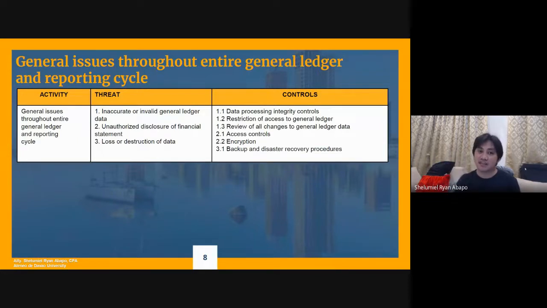They can only generate reports for their own use, for their monthly reports to the upper management, but they cannot alter these reports kasi read-only lang siya. Alright? It is also important that you carefully restrict the read-only privileges to specific portions of the system.